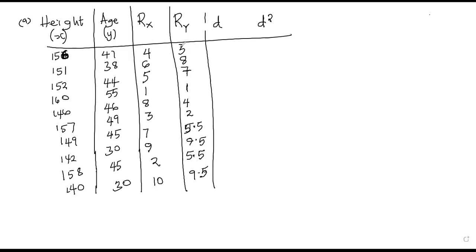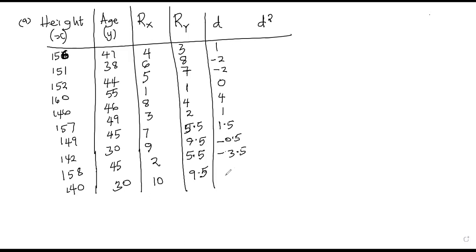So here the difference is 4 minus 3, that is 1, 6 minus 2, that is -2, -2, 0, 8 minus 4, 4, 3 minus 2, 1, 7 minus 5.5, you get 1.5, right? 9 minus 9.5, you get -0.5. 2 minus 5.5, you get -3.5.